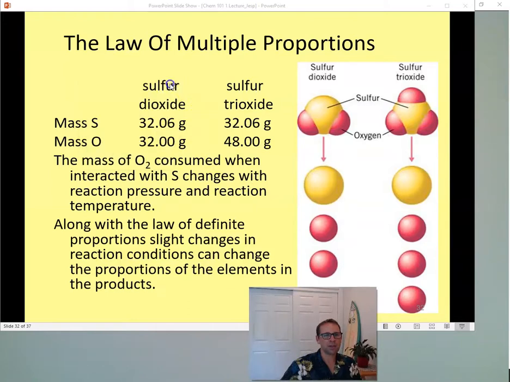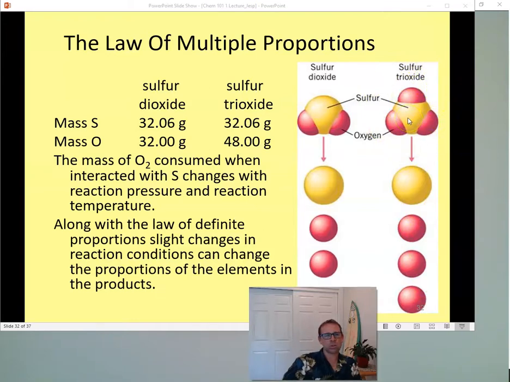But what this shows us is that if you take two chemicals, in this case sulfur, which is yellow, and oxygen, which is red, and react them, you'll get a product. This is sulfur dioxide. But it's possible to change the conditions, different temperatures, different pressures, and change how the sulfur and the oxygen come together. You could actually get a different substance.